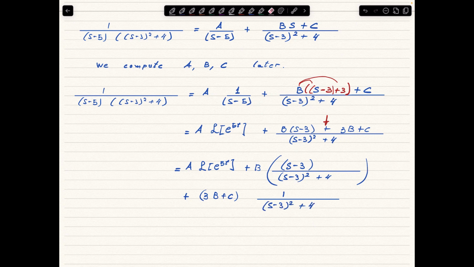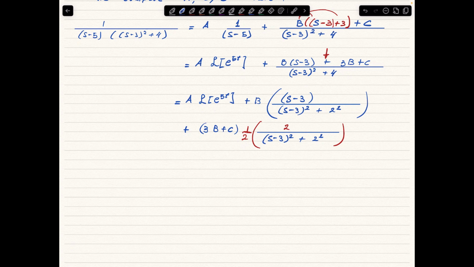And recall, here we can multiply by 2 and divide by 2. And this is in the Laplace transform table. And now that we are writing it as in the Laplace transform table, then we put here 2 squared, and we put here 2 squared.